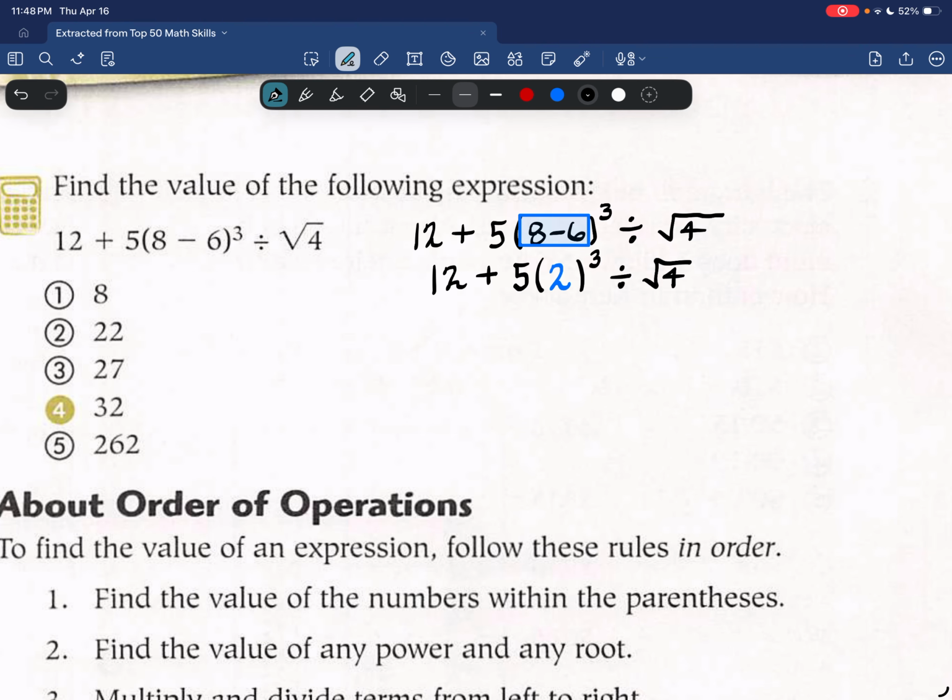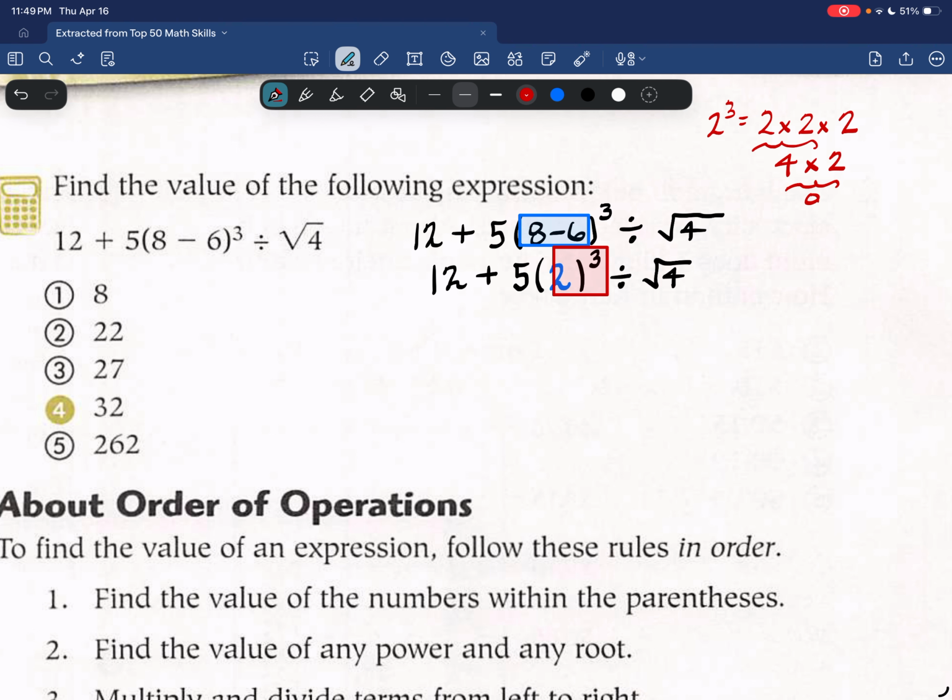And then the next thing we have to do is raise a number to a power. So I'm going to raise the 2 to the third power. And let me come up here and do that. 2 to the third is 2 times 2 times 2. And that's going to be 4 times 2.